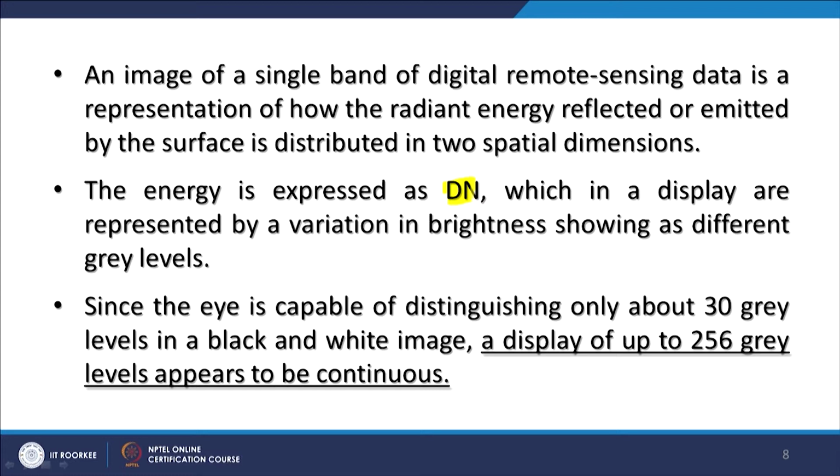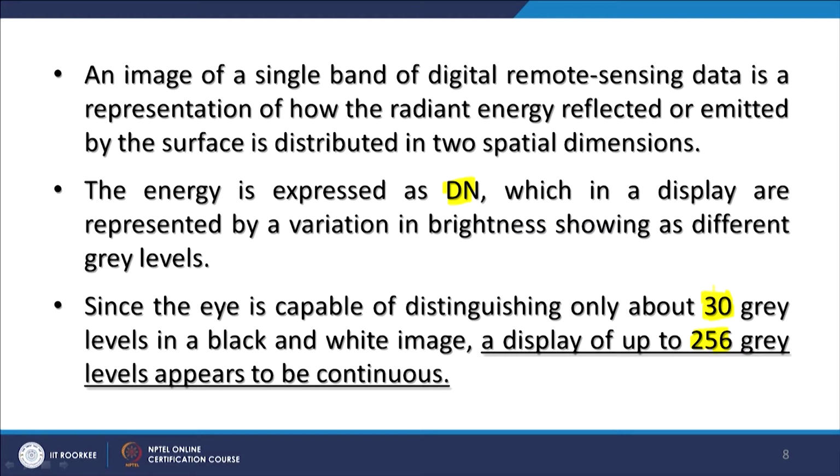Our eye is capable of distinguishing only about 30 gray levels in a black and white image, whereas we have a display of 256. So we might be displaying 256, but our eyes are sensitive only to about 30 gray levels.